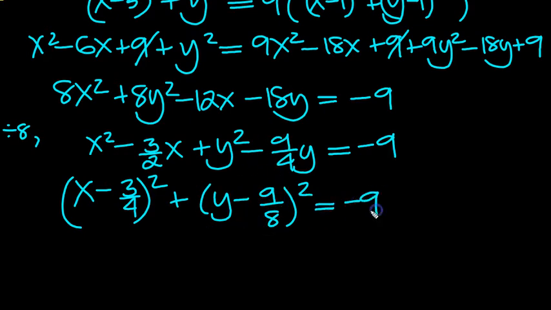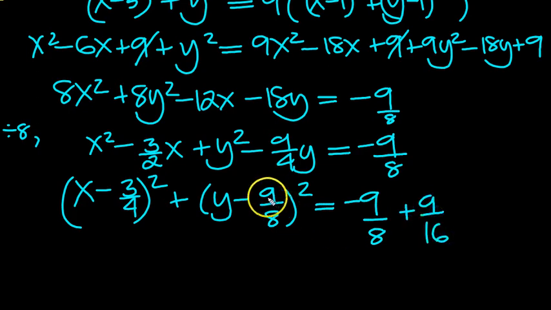Equals minus 9. Now over... We've divided by 8 all the way through here, so we better divide that by 8, haven't we? Otherwise we'll go awry. And then what have we got? When we expand this bracket, we'll get 9 over 16 here, so we need a 9 over 16 here. We also need a 9 over 8 squared, which is going to be 81 over 64, so I better put an 81 over 64 on this side, so they cancel.